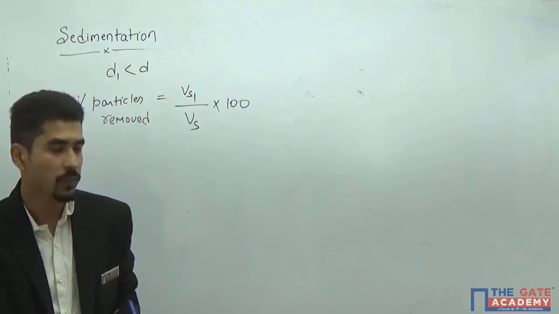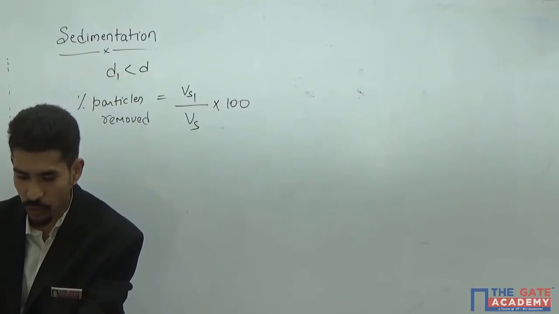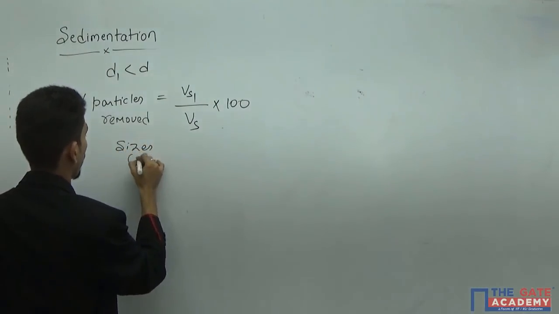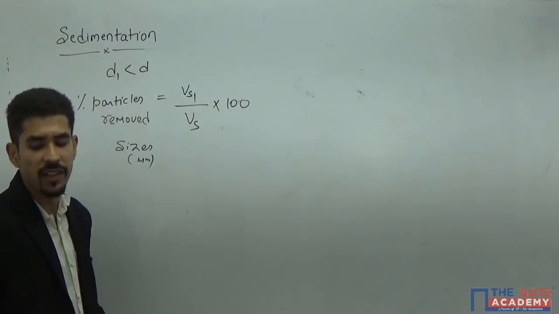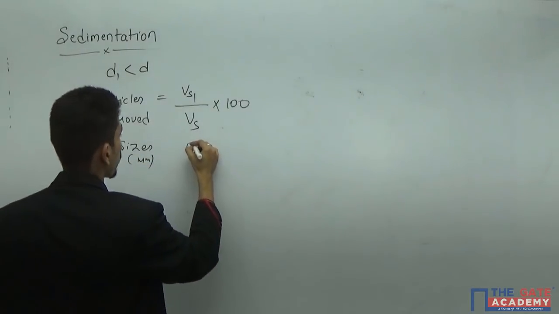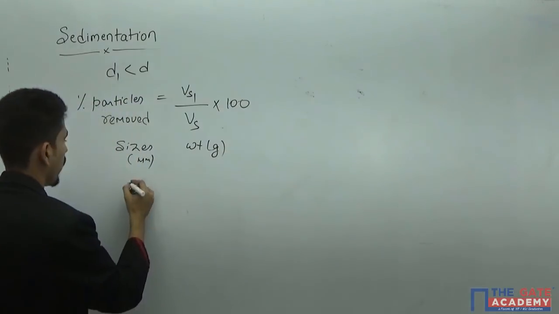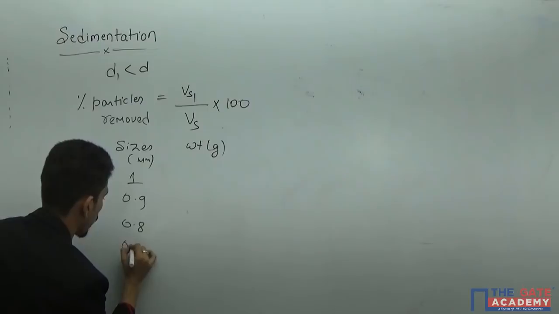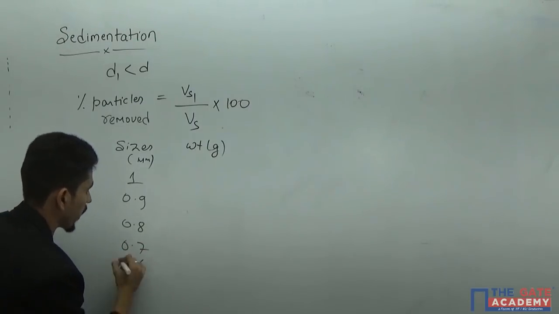Let us take an example. Let us suppose we have different sizes in mm and some quantity in grams. Let us say 1, 0.9, 0.8, 0.7, 0.6.